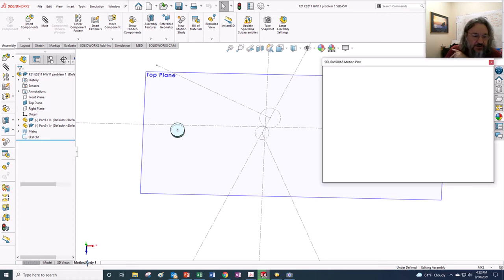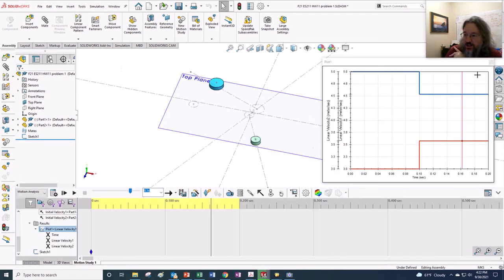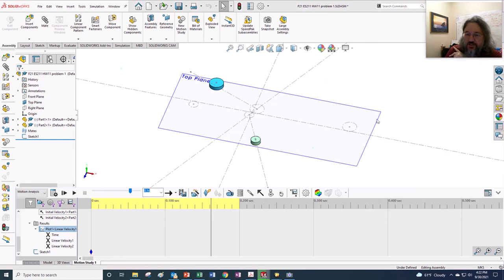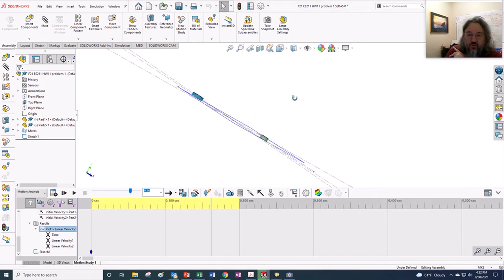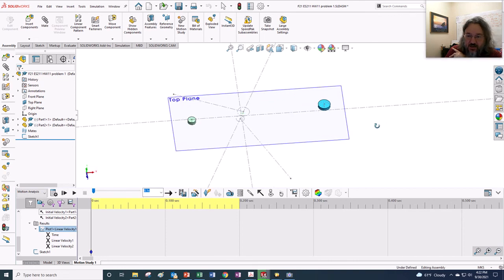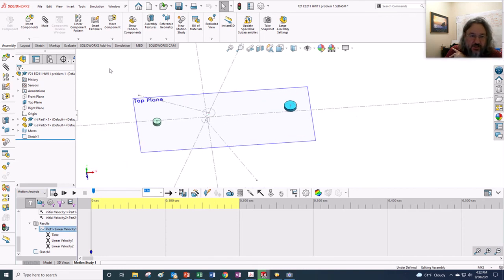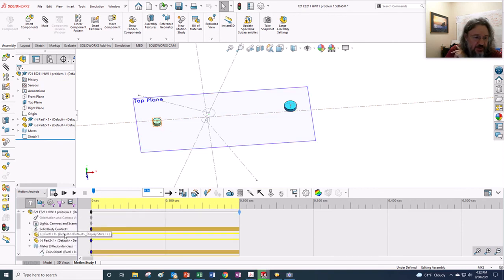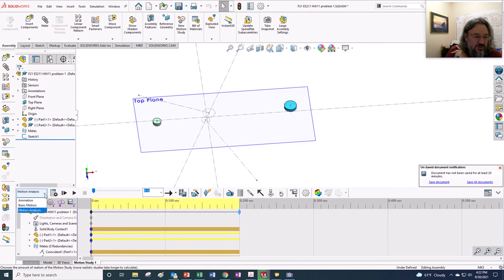And in SolidWorks motion analysis, let me put him over to the side so you don't see him. What I did is, let's see, I'll revert here. I set the thing up with mates to be in the original location. Oh, by the way, you need to use motion analysis, which is, there's animation, basic motion, and motion analysis.